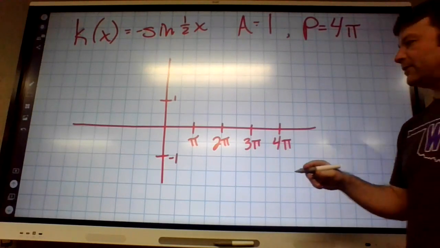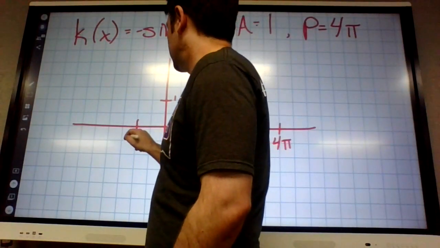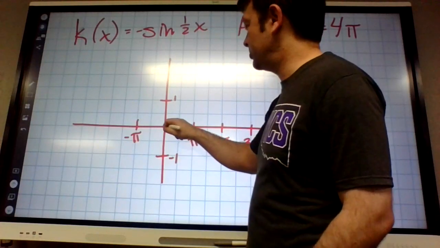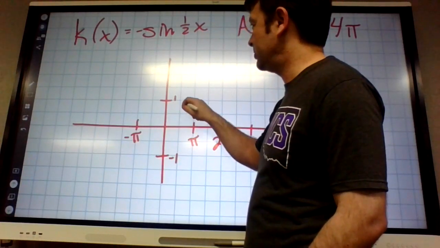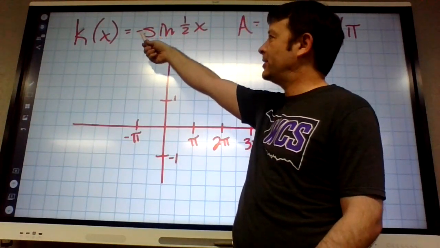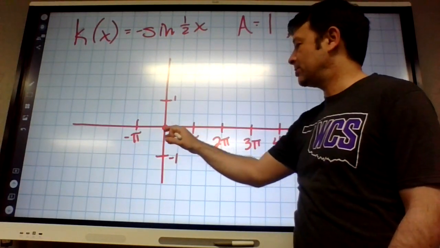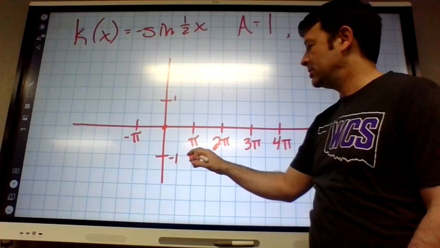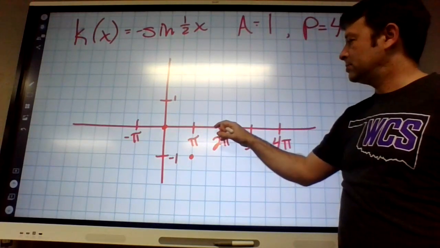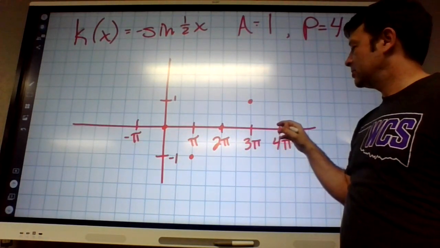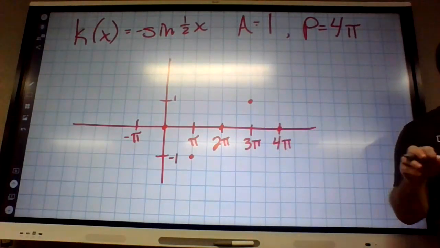What does a sine graph look like? Through the middle going up, but since it's negative sine, it's going to go down. So I'm just going to put some dots. So going down, so it's at the bottom, back to the middle, to the top, back to the middle.